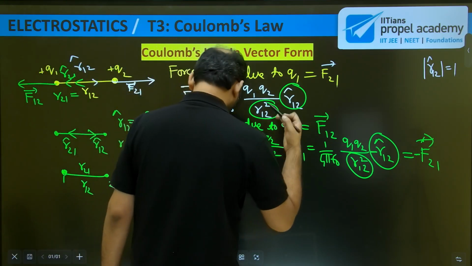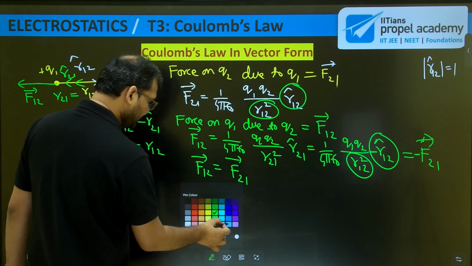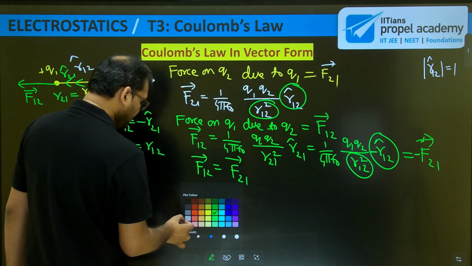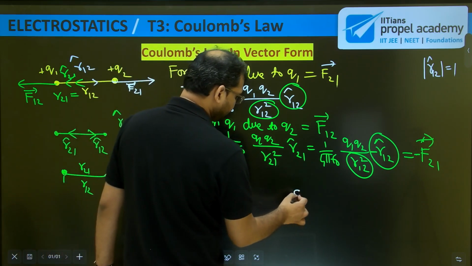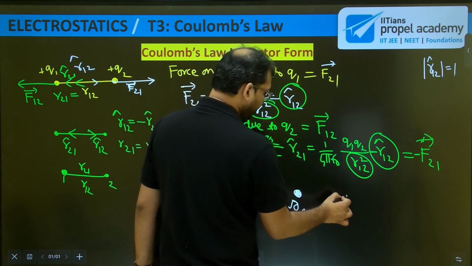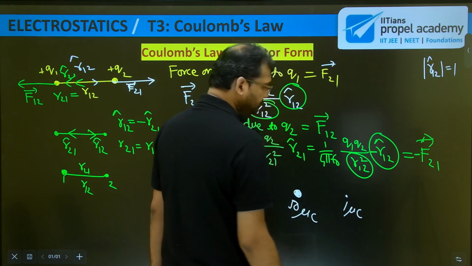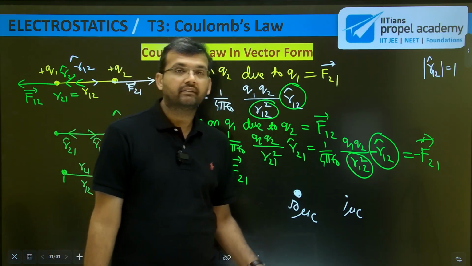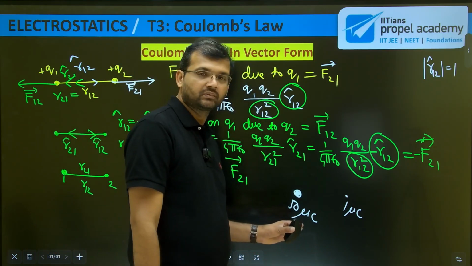For example, I'll explain with one example, then you will get more clarity. I have two charges. The first charge is 50 microcoulomb. The second charge is 1 microcoulomb. Which is higher? 50 microcoulomb is higher.